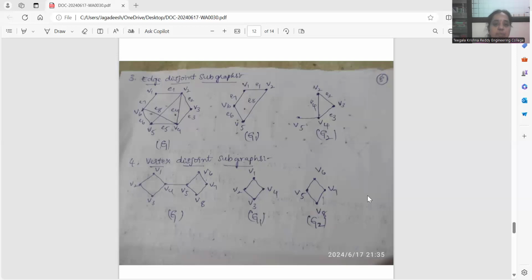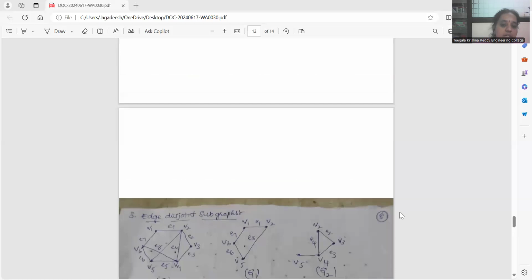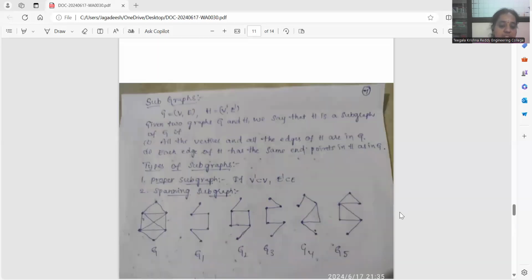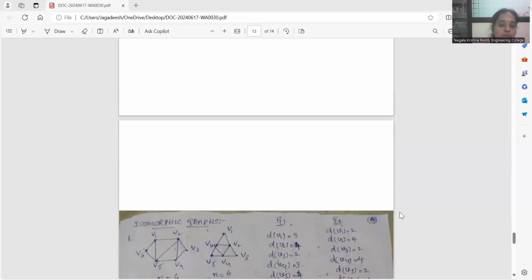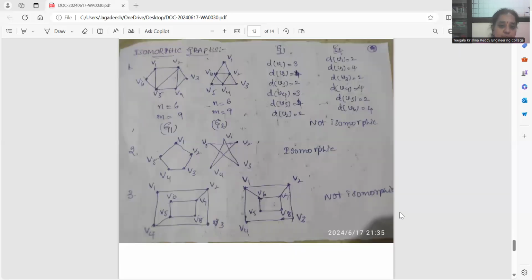Removing an edge does not affect the vertex, whereas removing a vertex implies the edges incident on that particular vertex should also be removed. Now, these are the 4 types of subgraphs here: proper, spanning subgraph, edge disjoint subgraph, and vertex disjoint subgraph.